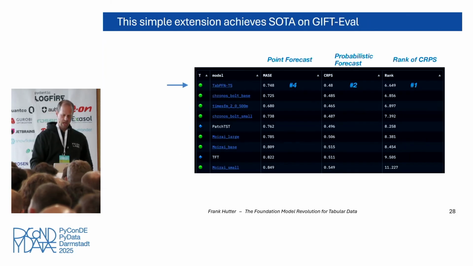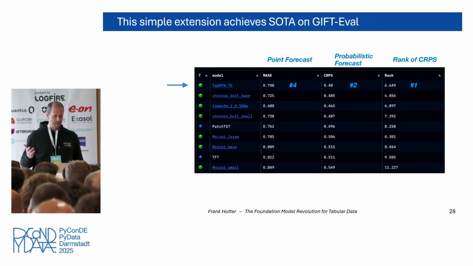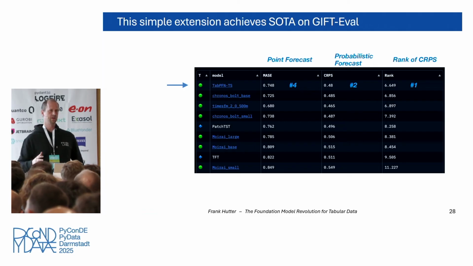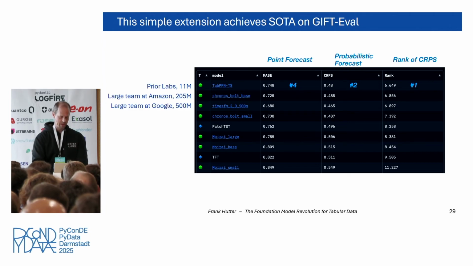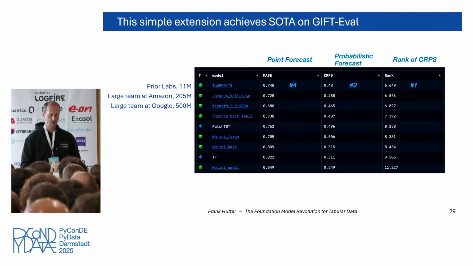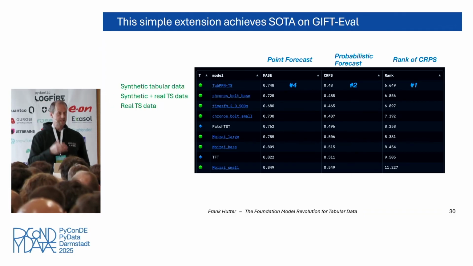And actually, this really simple extension achieves state-of-the-art on the most broadly used time series benchmark, GIFT-Eval, outperforming Amazon's Chronos large with a much larger neural network, also TimesFM from Google. And this is the same network that we use for the Nature paper.